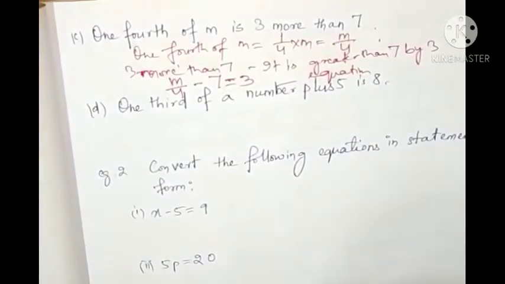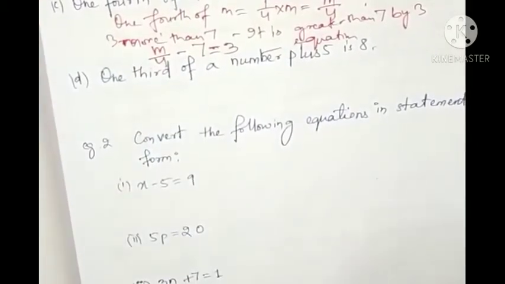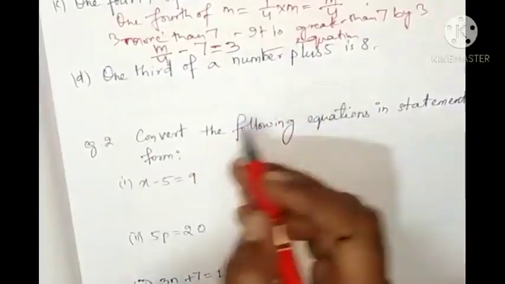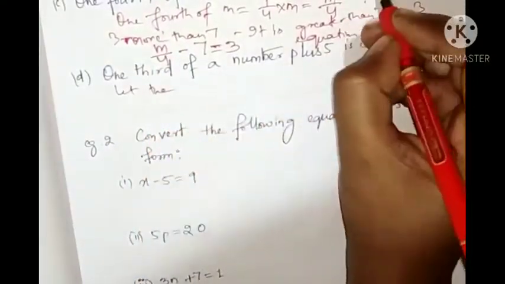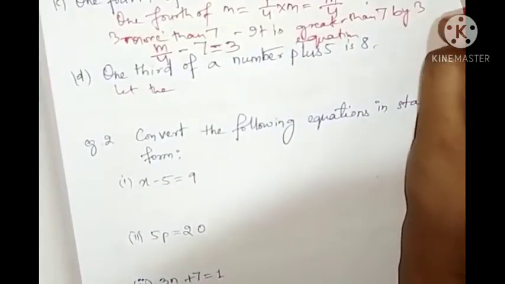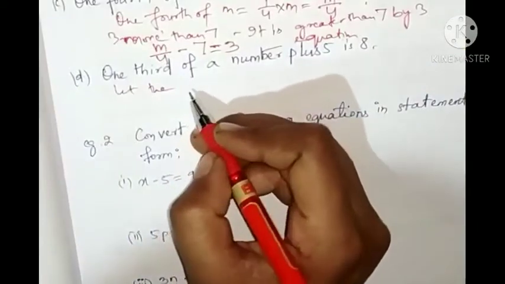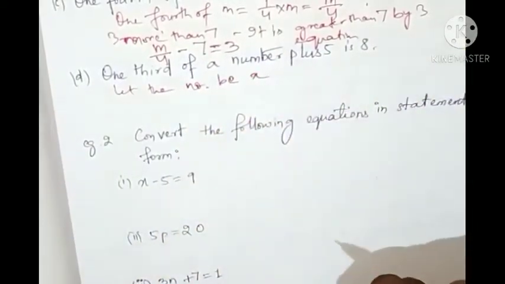Next example, you look. 1/3 of a number plus 5 is 8. So 1/3 of a number: let the number be x.